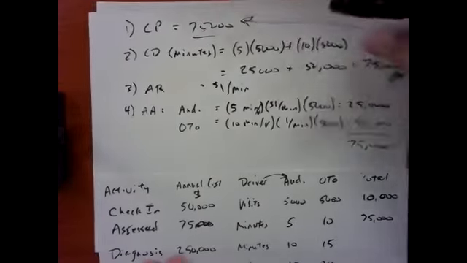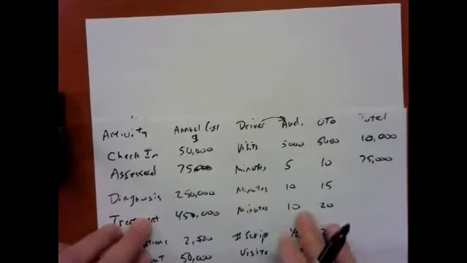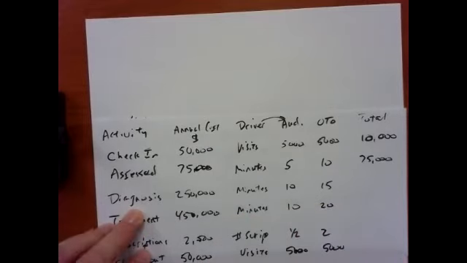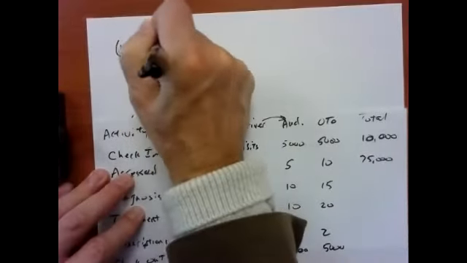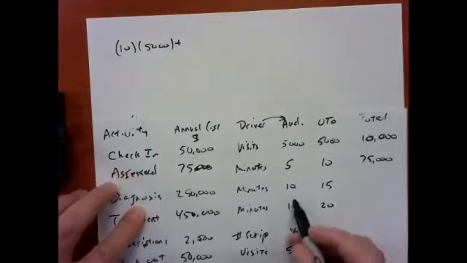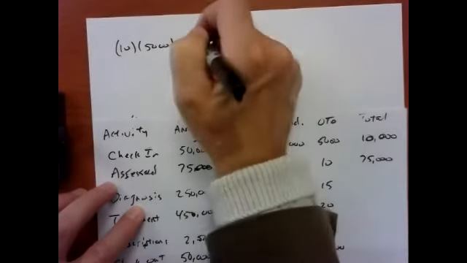All right, so I'm going to get to that total cost driver for diagnosis. So what did you do? Right, 10 minutes per visit times 5,000 visits plus 15 minutes per visit times 5,000 visits.